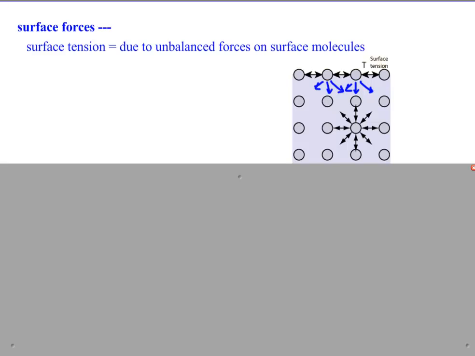The molecules that are down in the interior of the liquid are being pulled in all directions, and so they have balanced attractive forces. As the intermolecular forces increase, so as they go from London dispersion to dipole-dipole to hydrogen bonding, surface tension is going to increase as well. Water has a very high surface tension, which is why things can float fairly easily, which is why little critters like water beetles can scoot along the surface of the water.